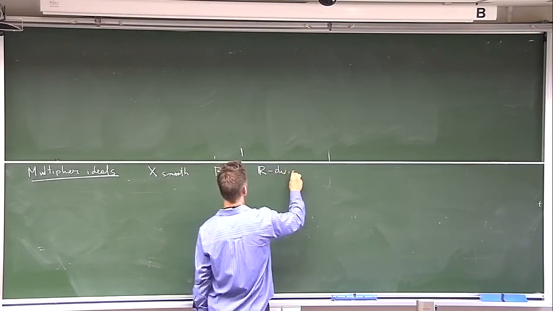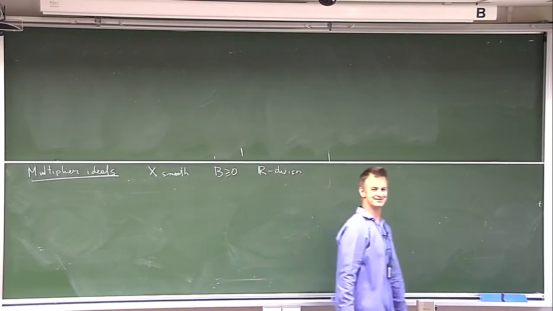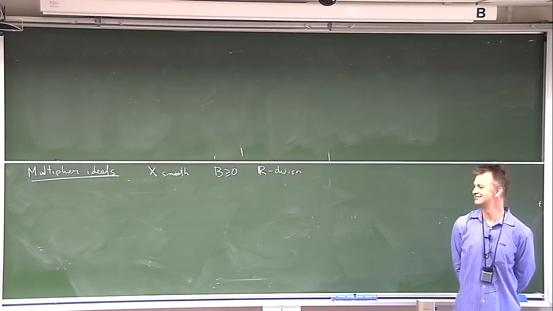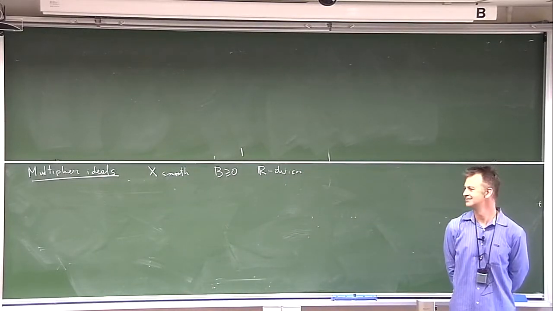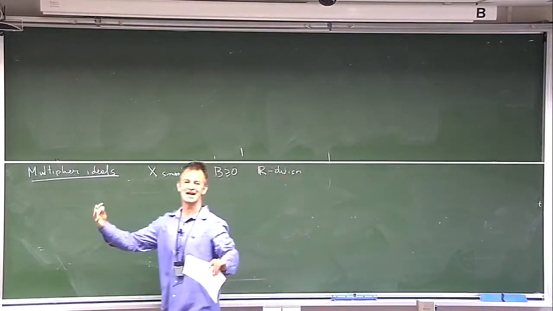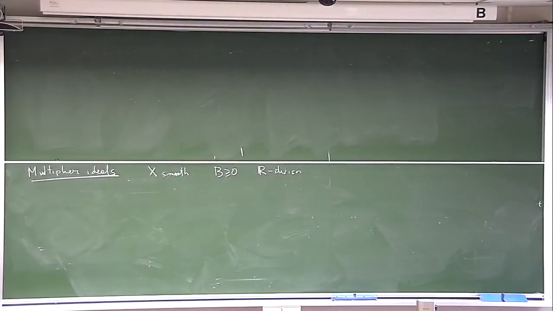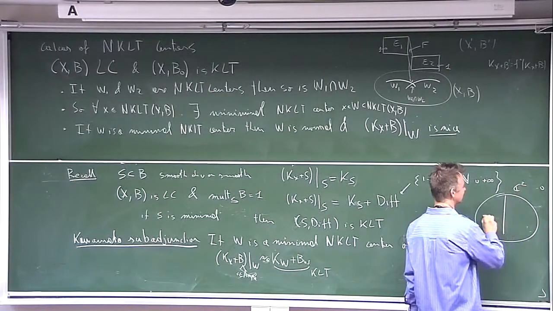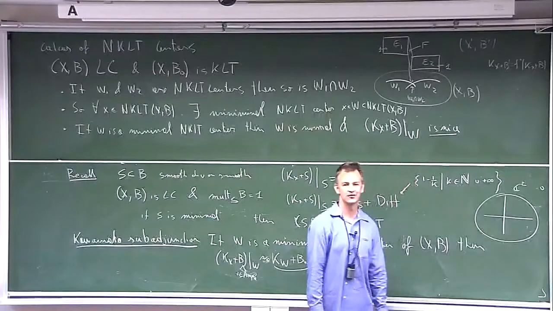Can you give me some example where if it's not minimal, it fails to be normal? Gladly, because it's so easy. You take C^2, and your divisor is the union of two lines.